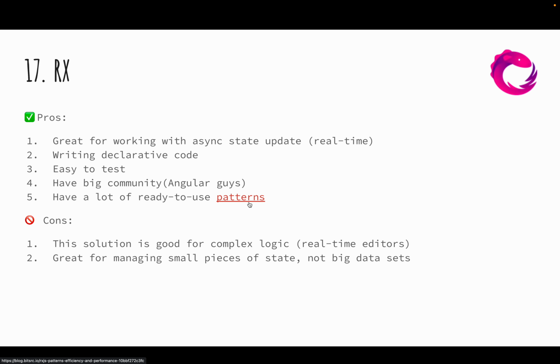And the minus is that this solution is only good for complex logic, the same as XState, and it's great for managing small pieces of state, not big data sets. So again, you can't manage a lot of data using RxJS. You can only manage asynchronous flows for your states.